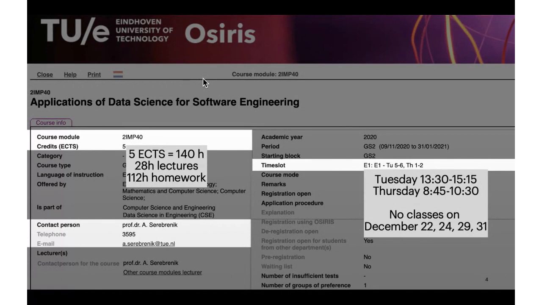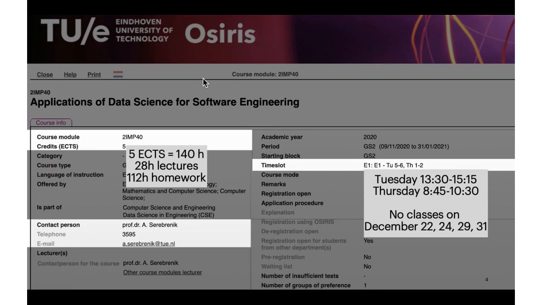Of course, this is merely an estimate. Some students need more time, some students need less time, some students find certain aspects more challenging than others. So if you are going slightly above or below this effort investment, that's fine. If you are significantly above or below, please let me know.